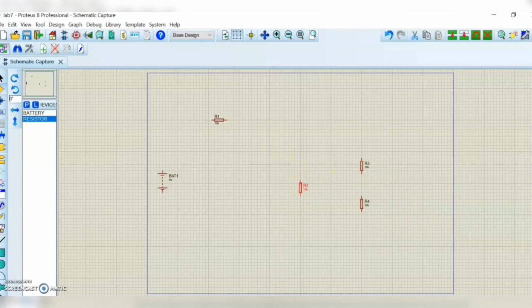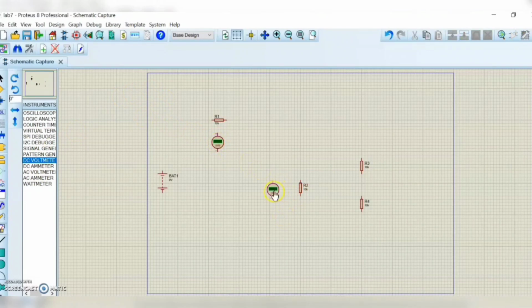Then we add the voltmeter. Then we add the ammeter. And then we connect the circuit.